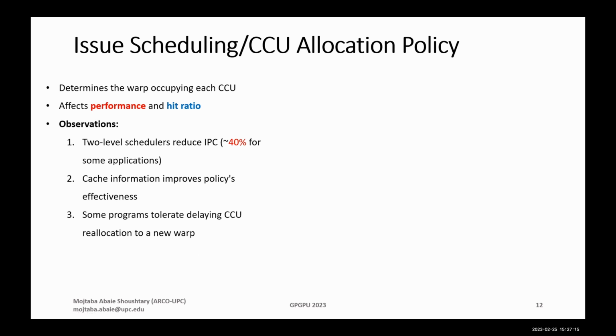We also had the observation that some programs can tolerate delaying the reallocation of the CCU to new warps, and in those scenarios we delay the reallocation of the CCU, benefit from the potential reuses, and we don't damage the IPC.